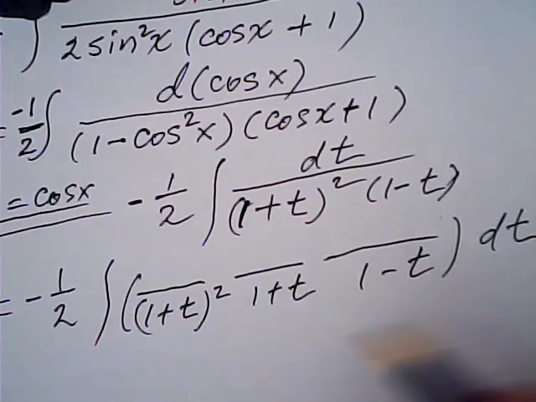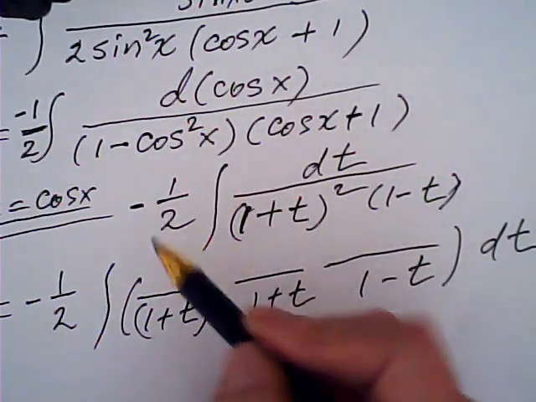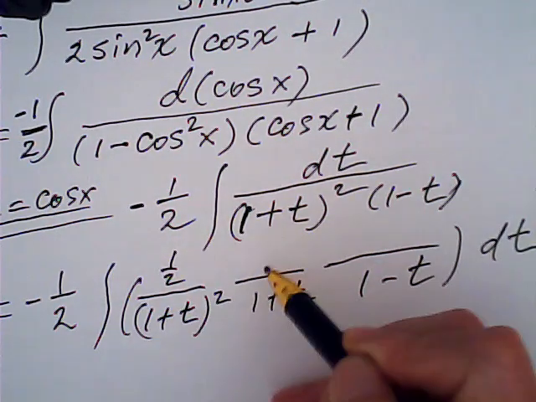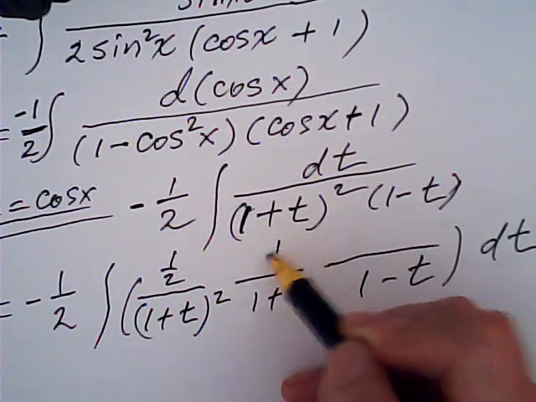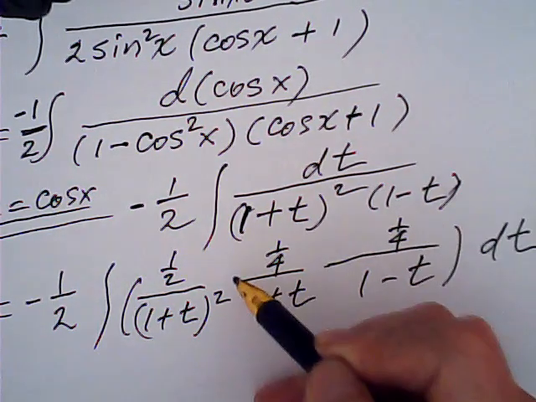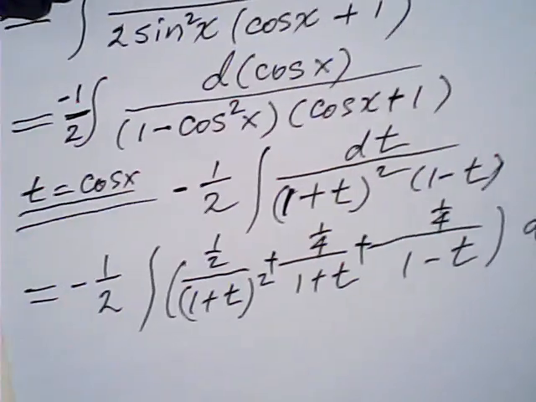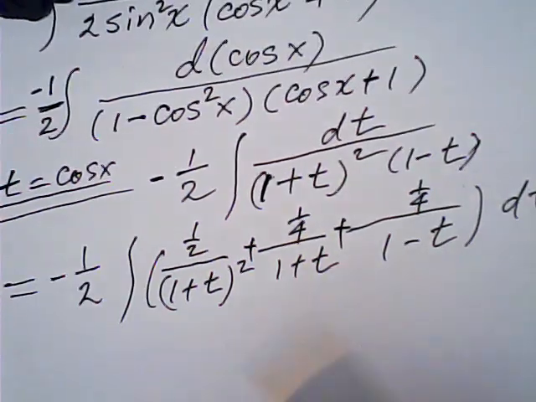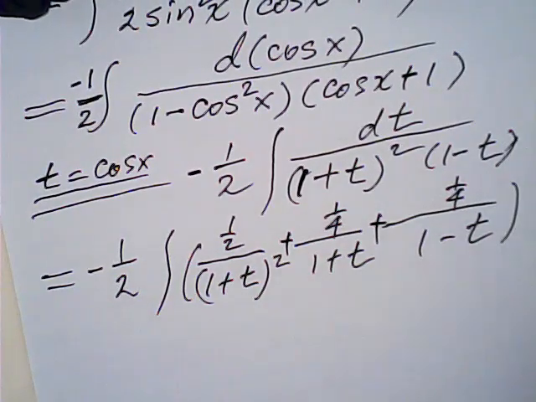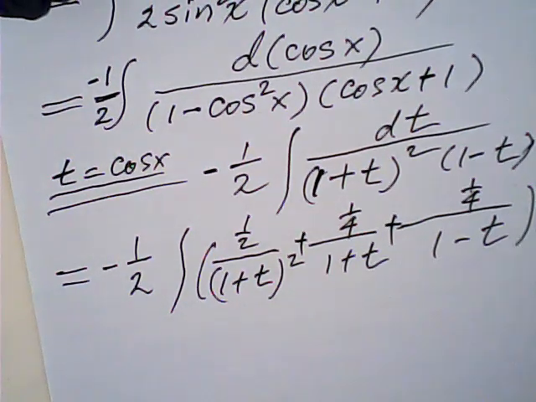Now let me save time, and I know you have to fill up the details. This is equal to 1/2, this is equal to 1/4, this is equal to 1/4, and the plus and plus. All right. Excuse me for omitting the details of determining those fraction coefficients.